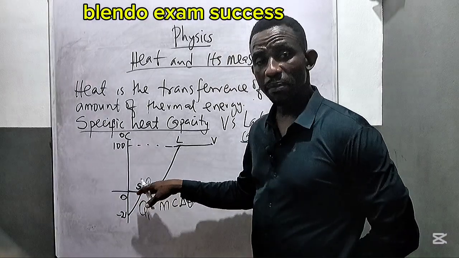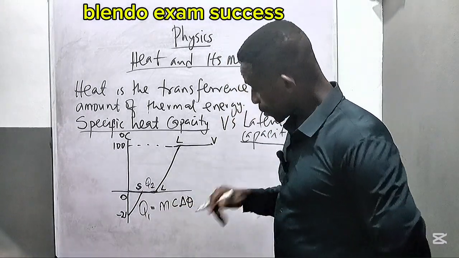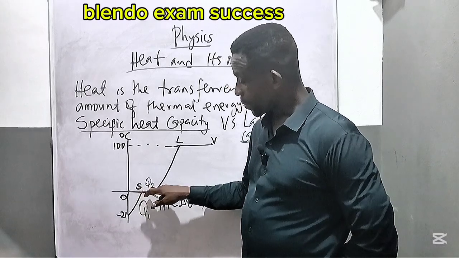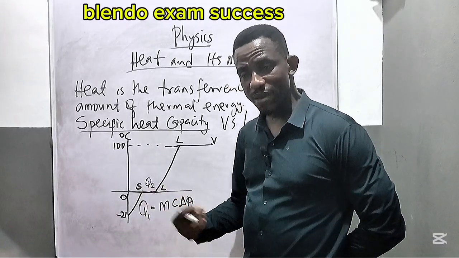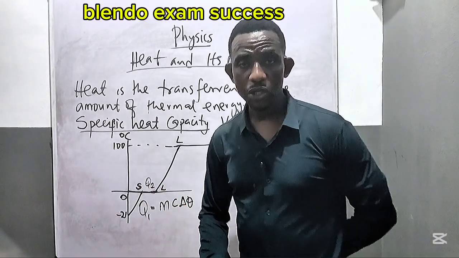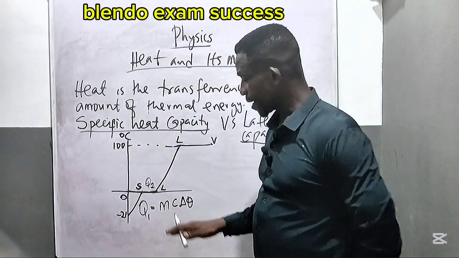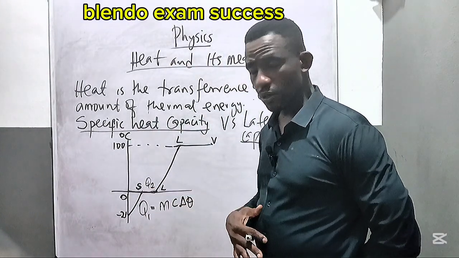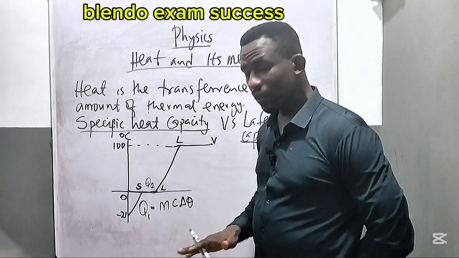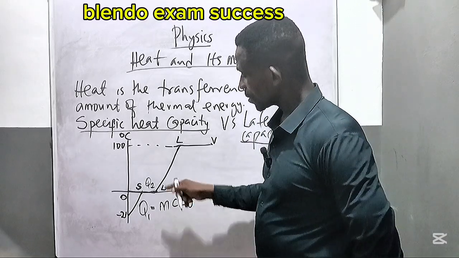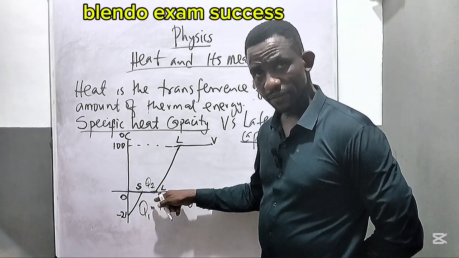This is called the melting point. So at this point, the ice block begins to melt, to turn to liquid at 0 degrees Celsius until all the ice block completely turns to liquid. The temperature will be constant.